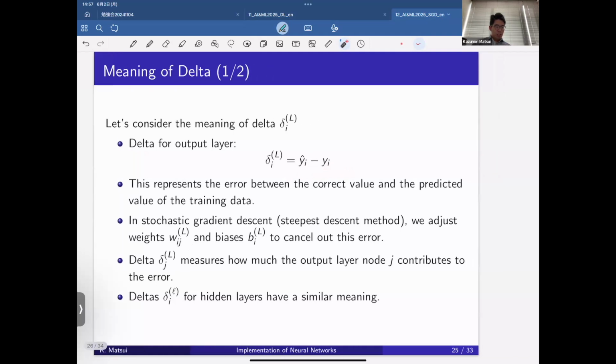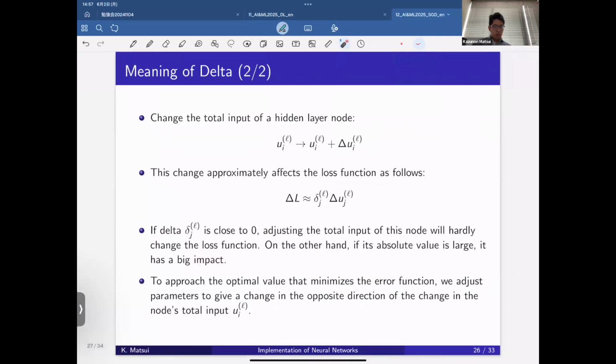What this means is, let's change the total input of hidden layer nodes.